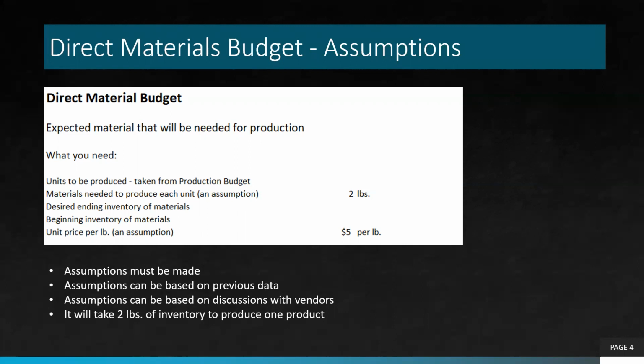As with the production budget, we want to have a desired ending inventory of material, as well as taking into account our beginning inventory of material. And then we also need to know what is the unit price per pound. So if it takes me 2 pounds to produce a book, what's my cost per pound? And in this case, we're using an assumption of 5 dollars.